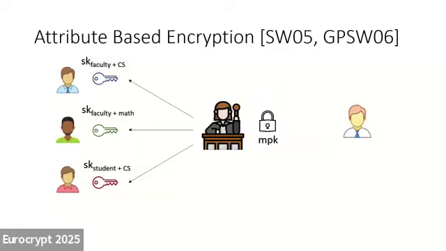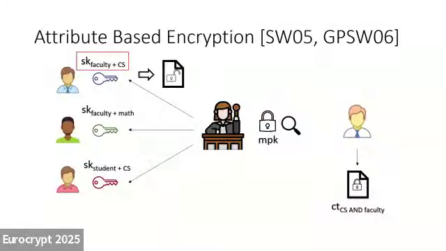These secret keys are associated with attributes, and the functionality you want in an attribute-based encryption scheme is that any encryptor can come along, look at the master public key, and use it to define a ciphertext associated with a policy over this attribute space. Now, for a particular user who holds a secret key, if their attribute set satisfies this policy, then they should be able to decrypt the ciphertext.